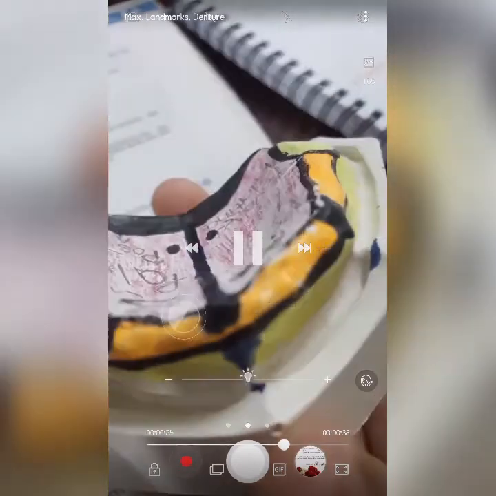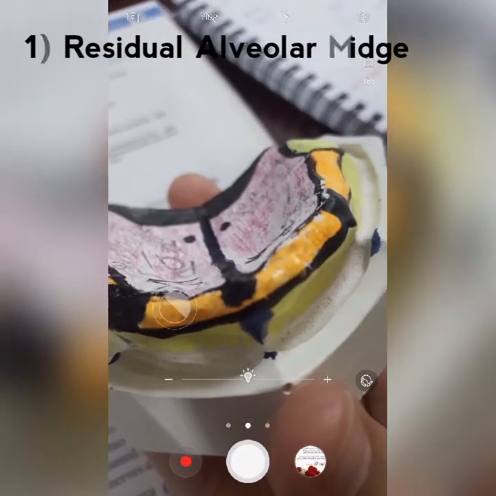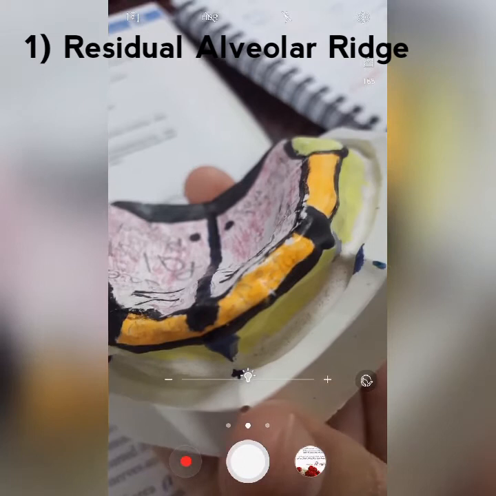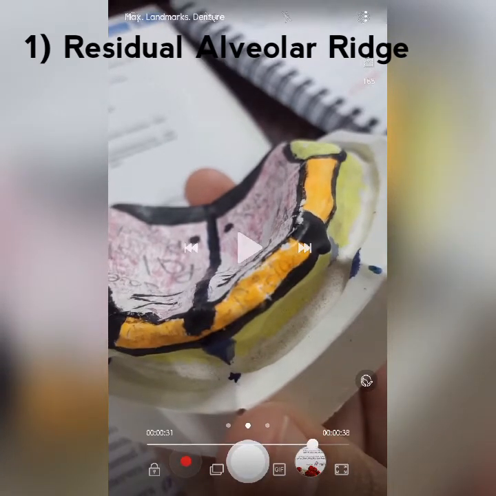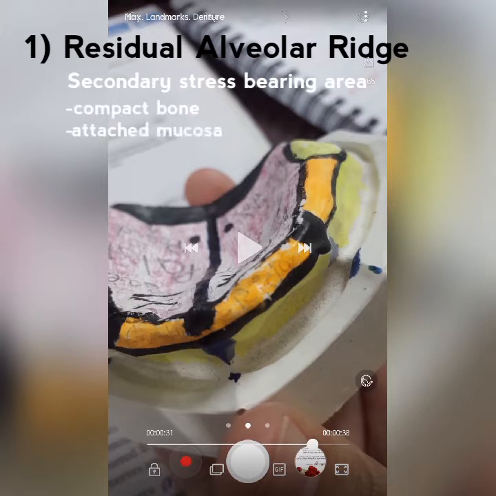So now it is our residual alveolar ridge. As you can see over here, this is basically our secondary stress bearing area. And why is that? Because it has obviously the compact type bone and not the spongy bone. Also, it does not have 90-degree occlusal forces. It has other forces acting on it.